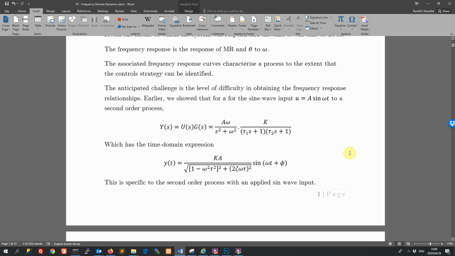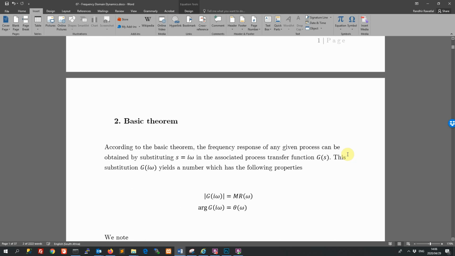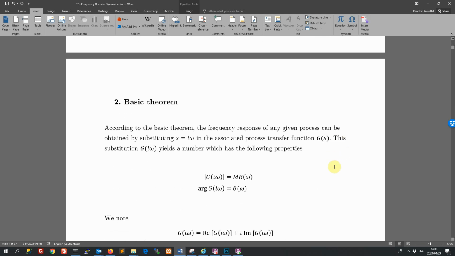So anyway, let's progress with that by noting that we have this important theorem, the basic theorem, as it's deceptively named, which tells us that the amplitude ratio or the magnitude ratio can be obtained if we apply specifically s equals i omega in our transfer function, and if we take the magnitude of that.